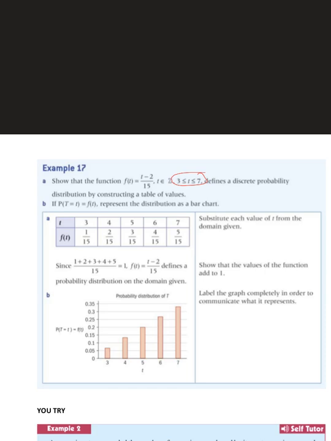So the x-axis is easy to label as t, and the y-axis, that dependent variable f of t, can be represented as a probability distribution, so they have that represented here as P, the probability of T equaling little t, right? That random variable T equaling some value little t. Those values, of course, being 3, 4, 5, 6, and 7.